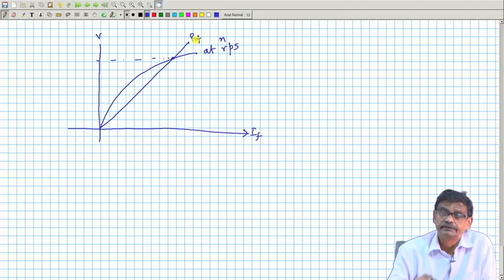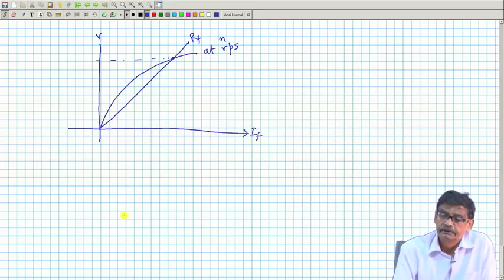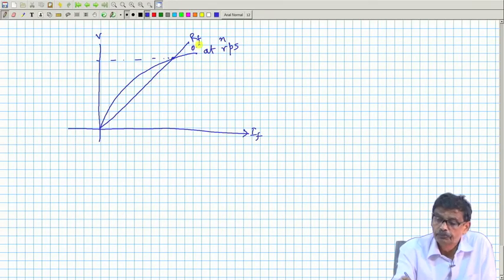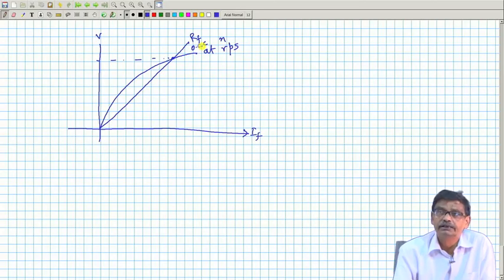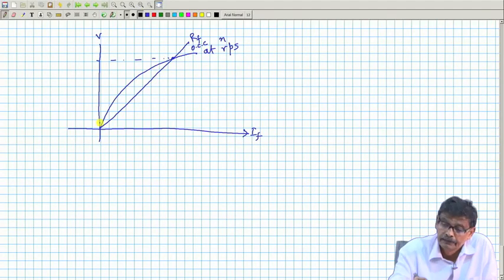Keeping this field resistance line, if the speed is made lesser, then the position of the OCC will change; it will be below this line. So suppose the speed of the machine is reduced, then the OCC will be something like this.